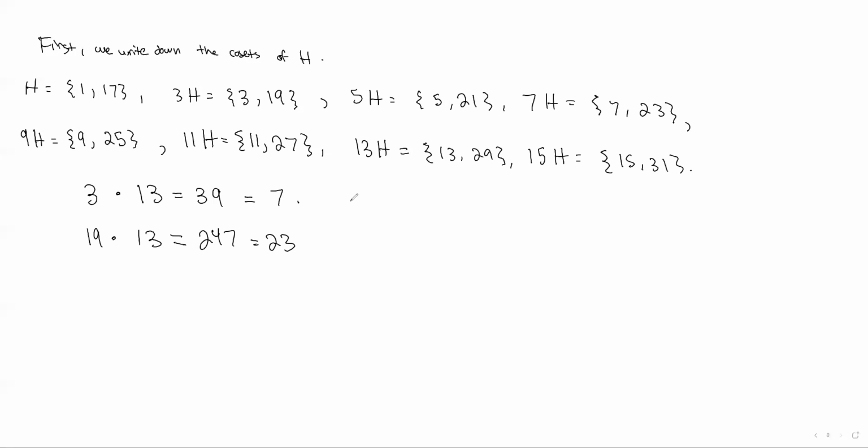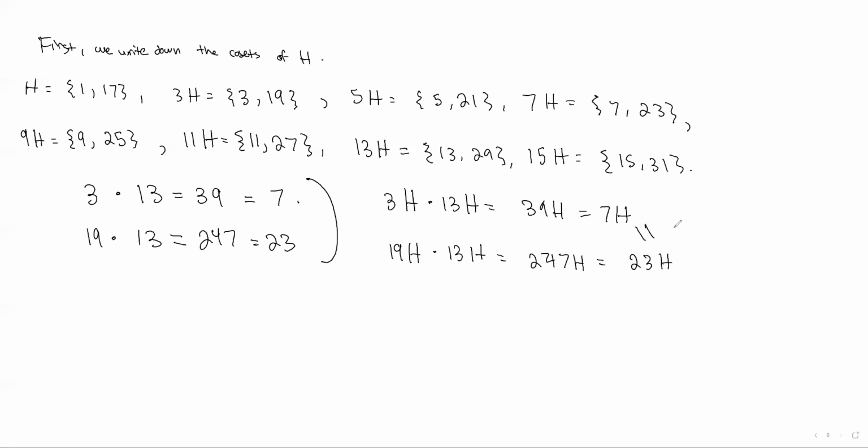Okay, so yeah, they're in the same coset, right? I took 2 different products that should have been equivalent, and I got equivalent elements out of it. Alternately in terms of cosets, 3H times 13H is 39H, which is 7H, and 19H times 13H is 247H, which is 23H, and these are equal, as we expect.